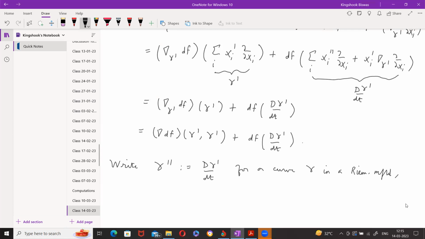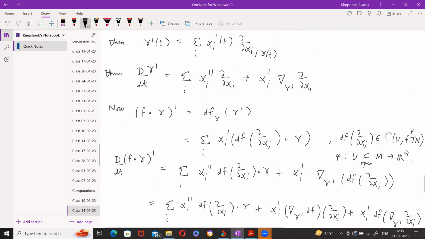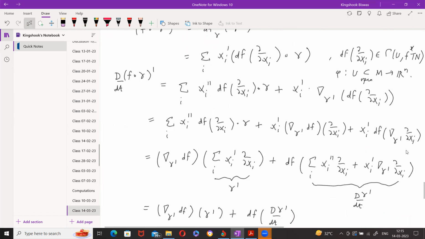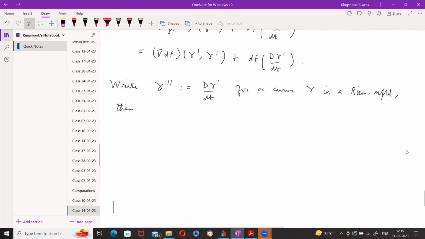Then what we've proved is, what were we computing here? We were computing the covariant derivative of f composed gamma prime. So this is f composed gamma double prime, right? So we've got a formula for the second derivative of the composition.